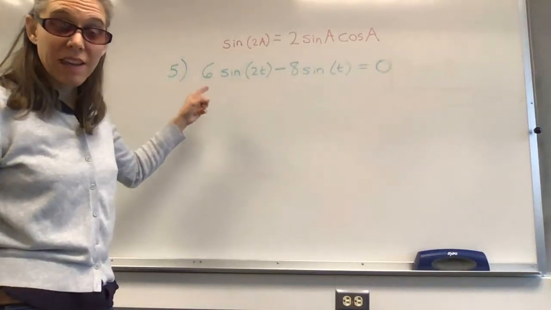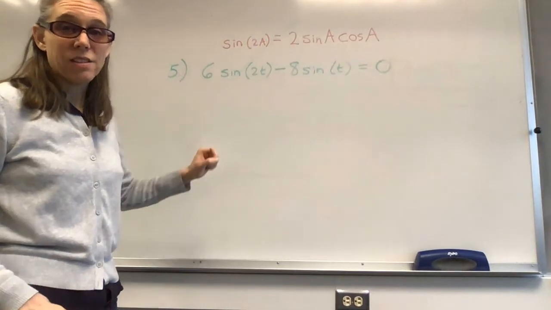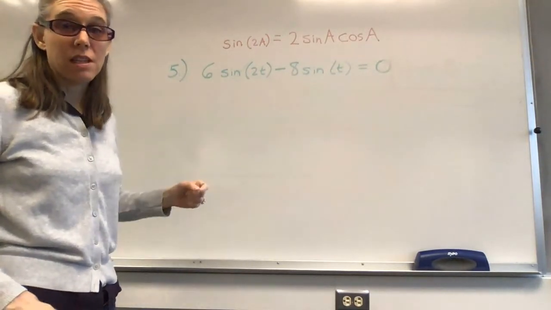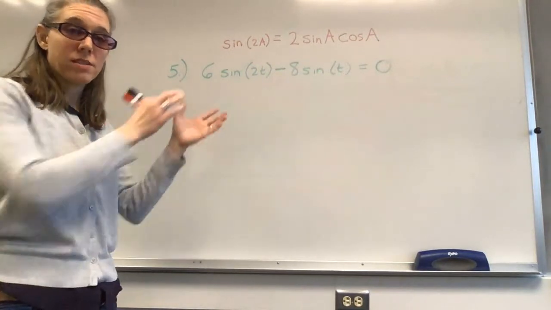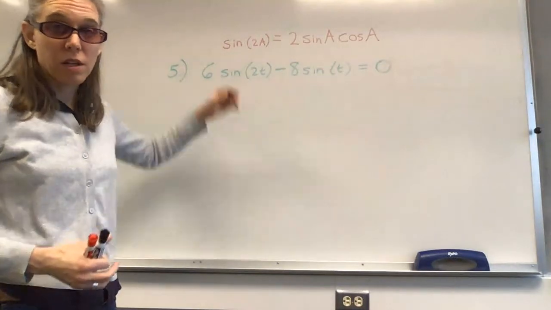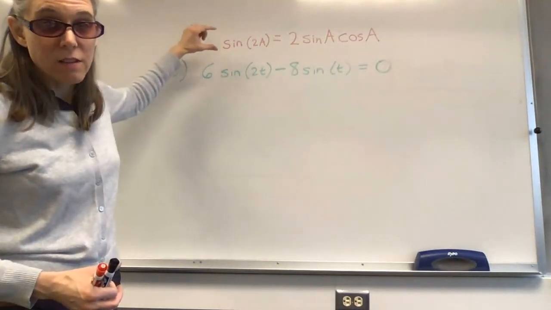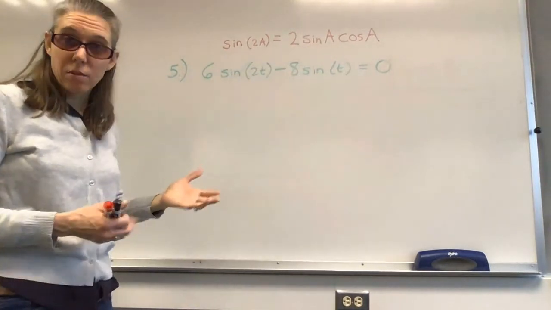Before we start working on the algebra of solving this equation, the first thing we're going to want to do is rewrite sine of 2t in terms of sine and cosine of t. We don't want to have a double angle and a single angle in the same equation. So we're going to use the fact that the sine of 2a is equal to 2 sine a cos a. I got that out of the back of the book.